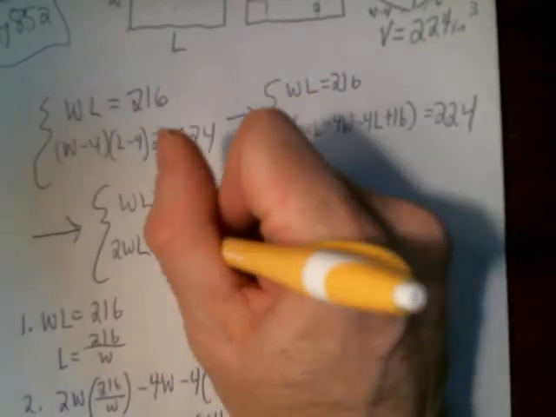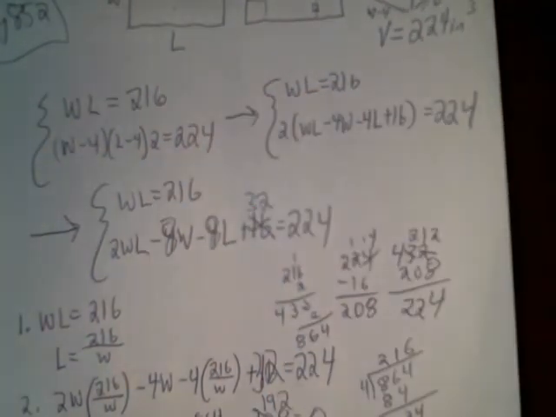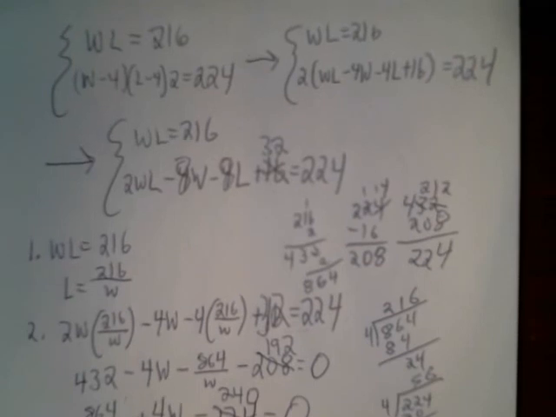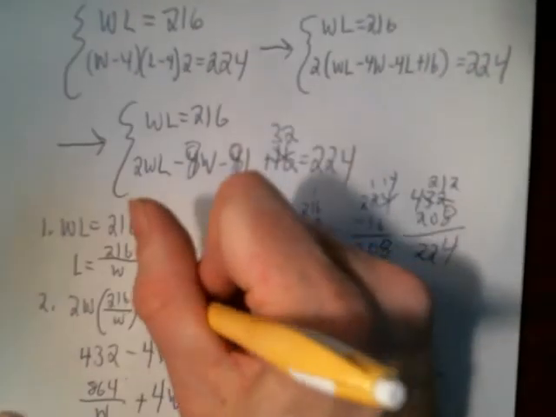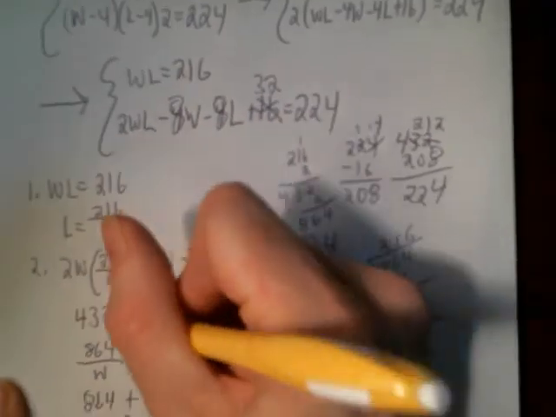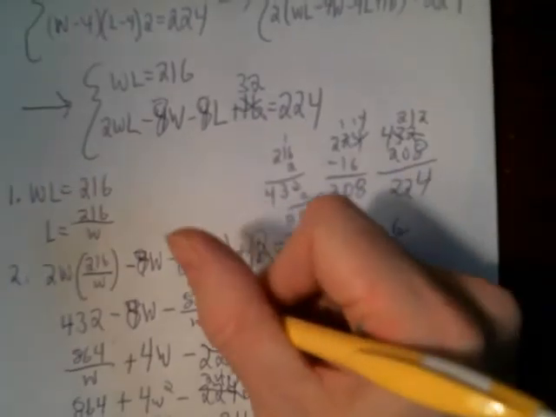This should be 8. This should be 8. Oh my gosh. All right. Oh, frick. So this is 8. This is 8. This is 8.